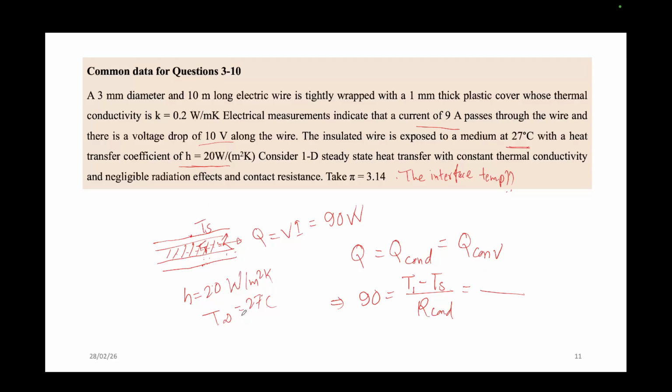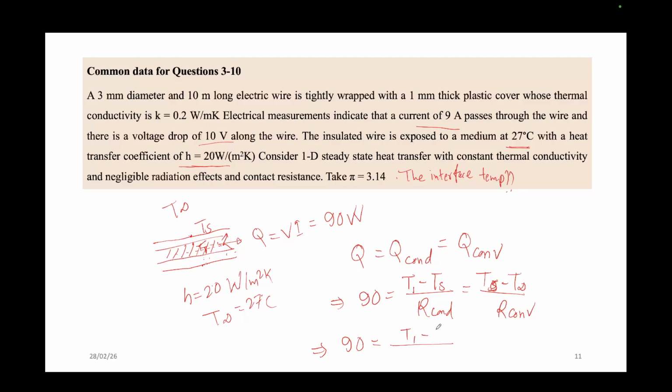And the atmosphere is at T infinity, so for convection it is Ts, the surface temperature, minus T infinity, by R convection, right? Just I need to put the values. This is 90. I need to find out this T1.